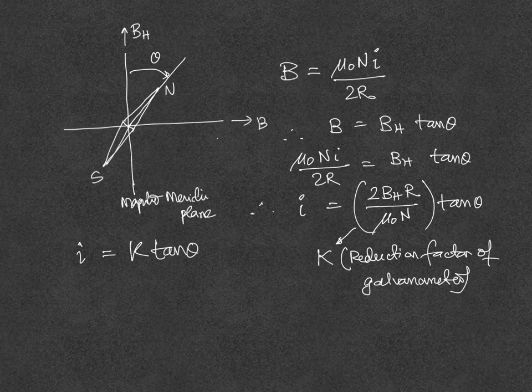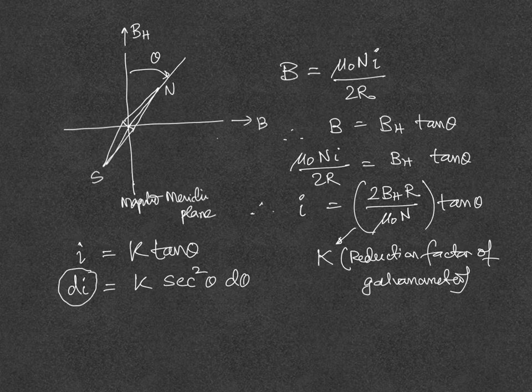Now if you differentiate i, di, that means for a small change in i there is a small change in theta. If you change the current slightly by this amount di, there is a change d theta.